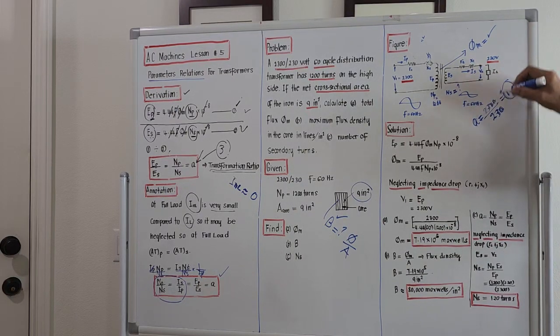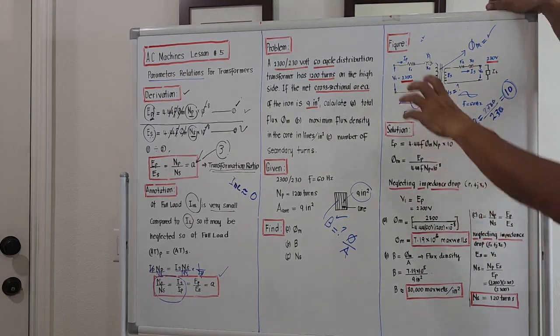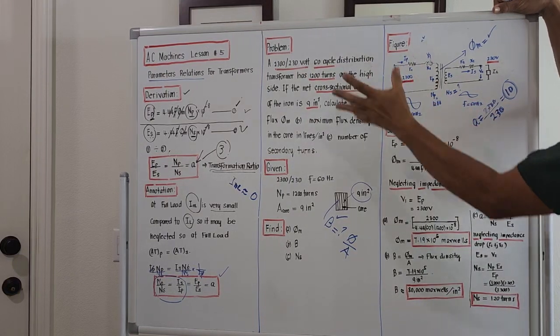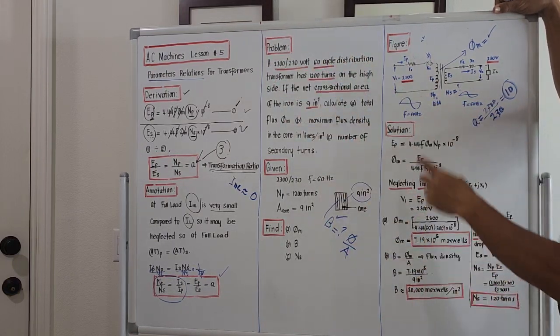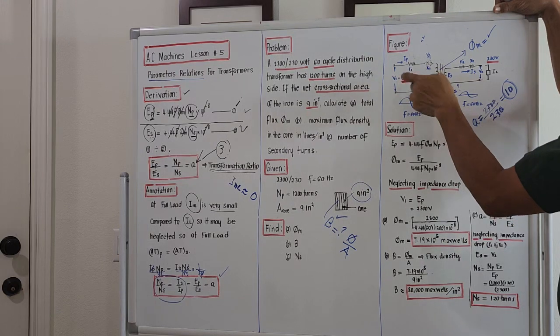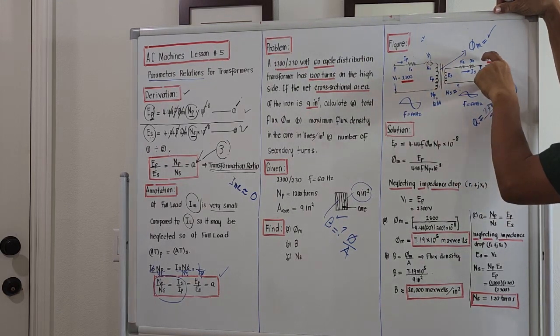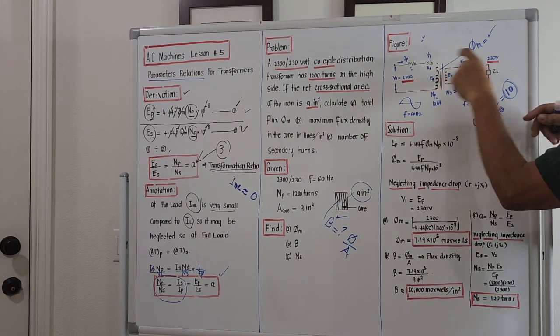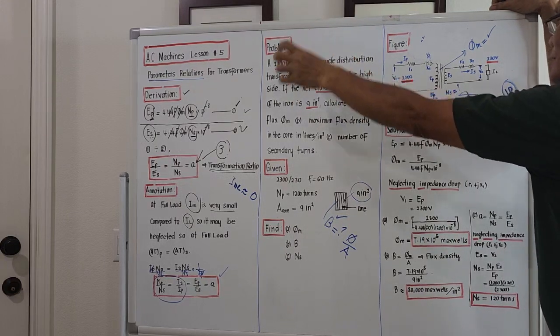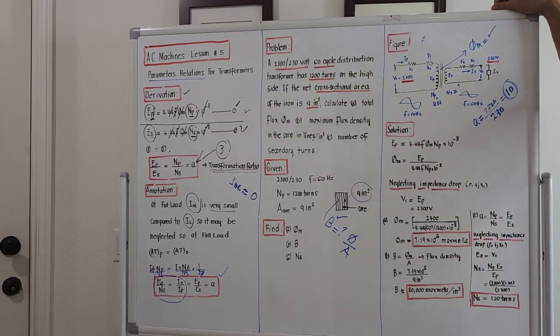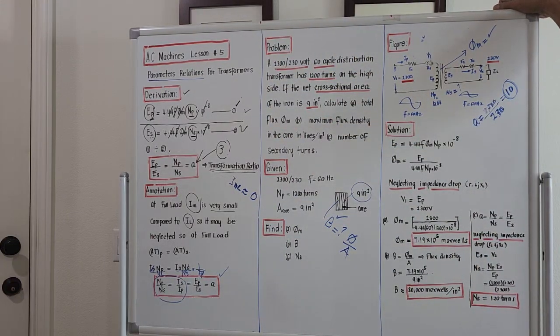Since this is a step down, the 2300 should be divided by 10 to become 230 at the secondary side. That's the meaning of 2300 and 230. Let's try to bring out the solution.